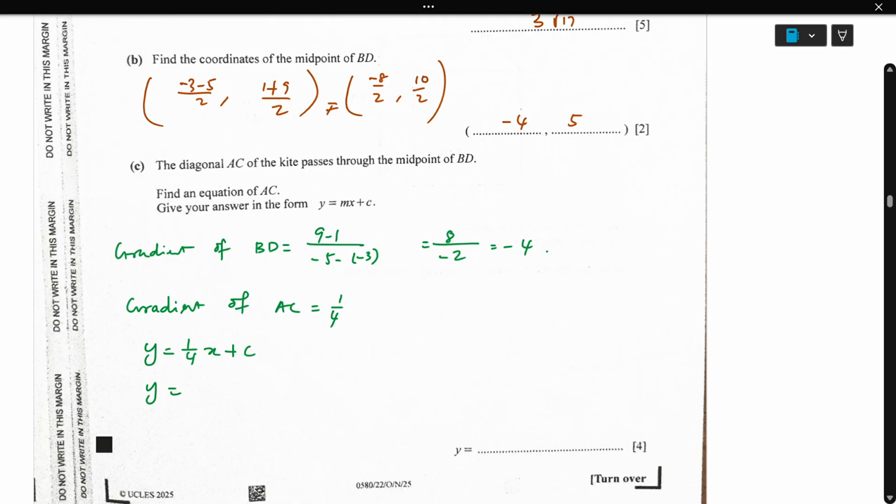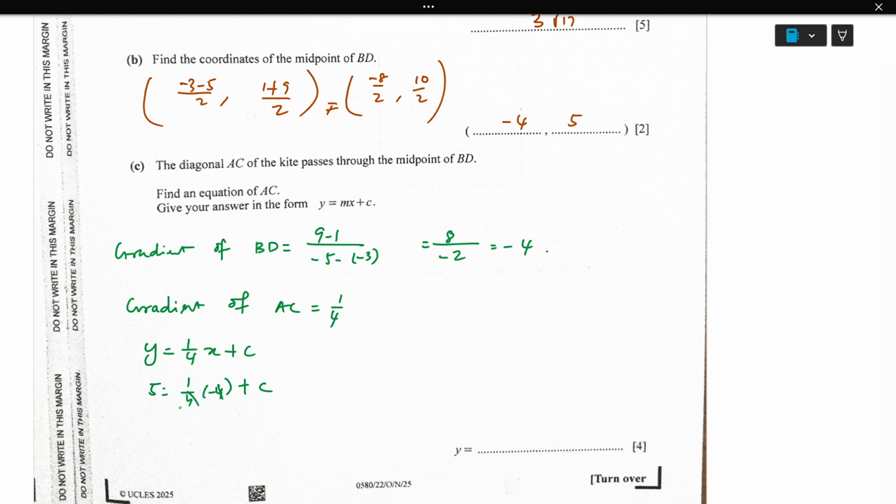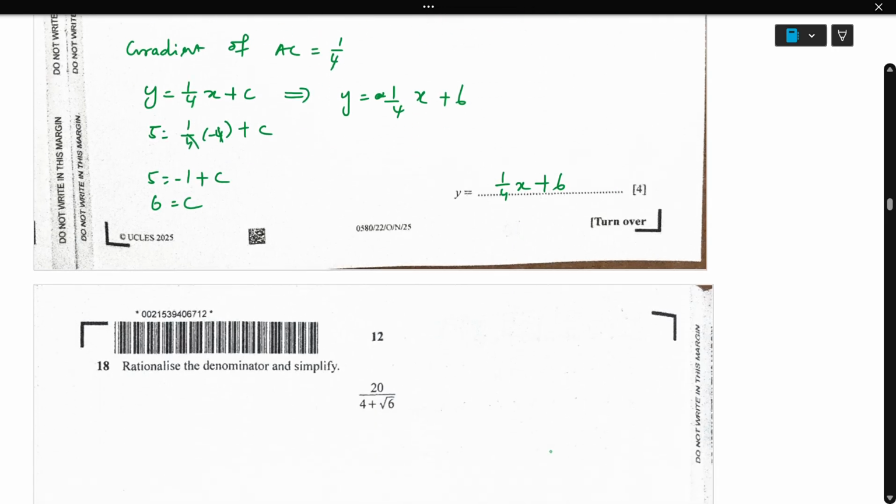So just plug in here. 5 equals 1 by 4 of negative 4, plus c. The 4 cancels, giving minus 1. 5 equals minus 1 plus c, so 6 equals c. So substituting, y equals 1 by 4 x plus 6. That's the final answer.